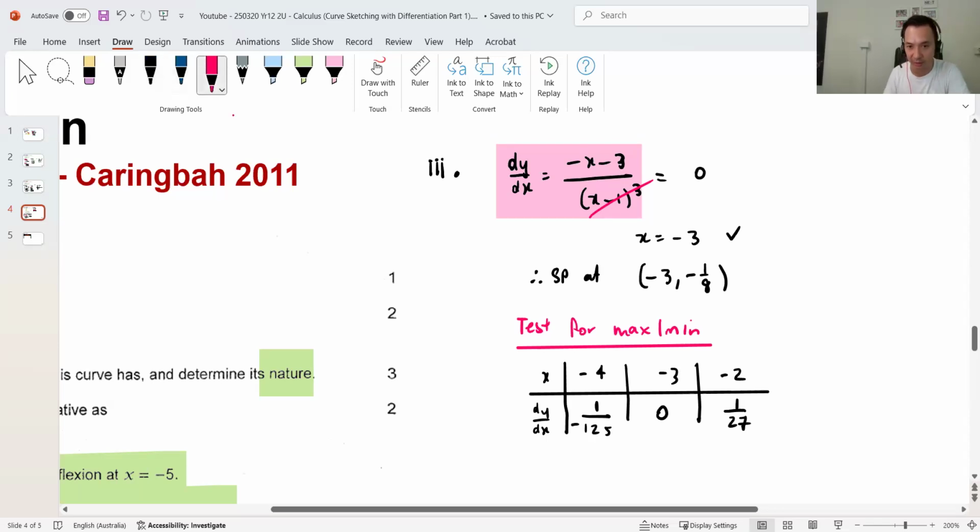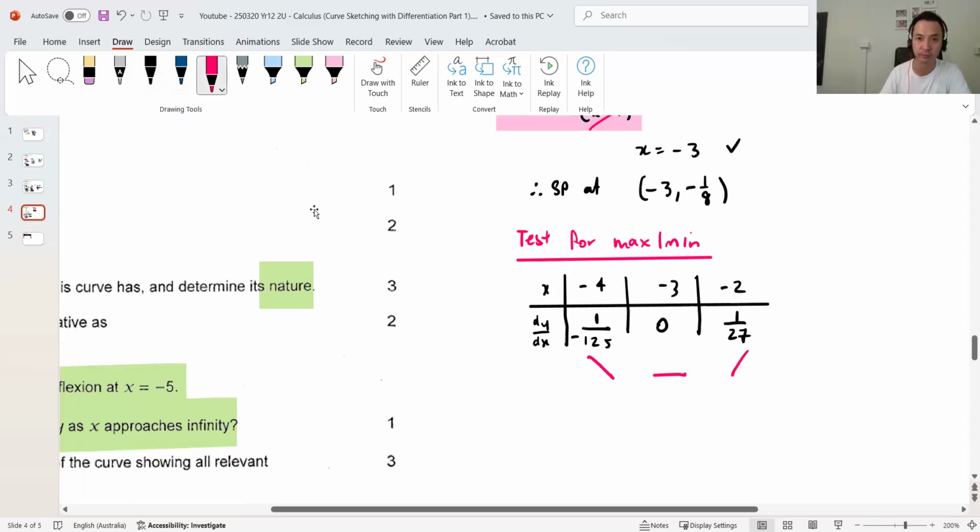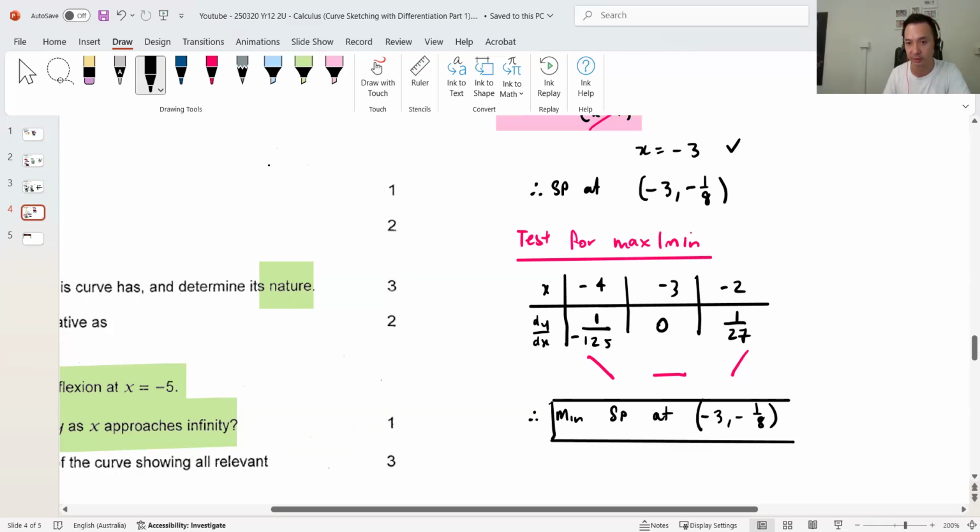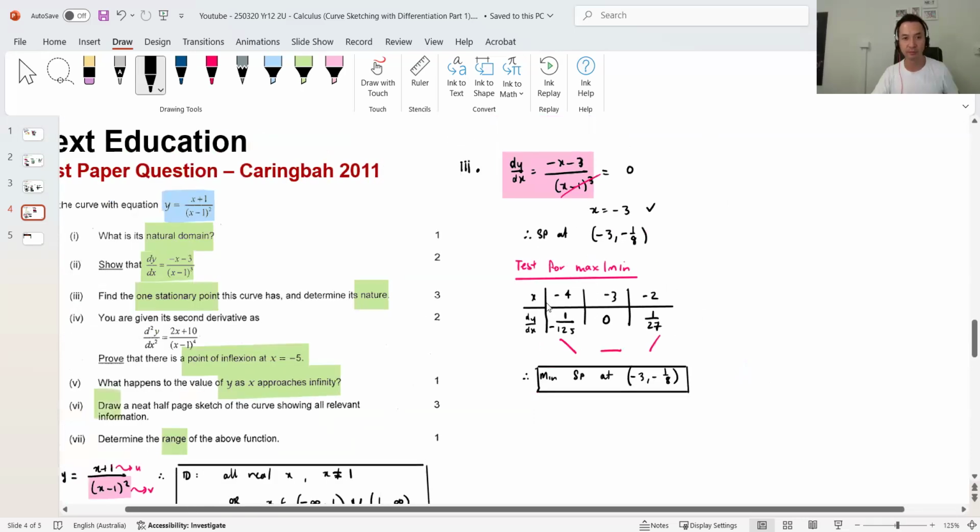That's telling me gradient goes down, flat, back up, therefore minimum stationary point at, let me just check that, is it a minimum? Yeah, cool, minus 3, minus 1, 1, 8. Perfect. Guys, not sure how many marks we're through so far. Let's have 6 marks, so 6 marks down so far.